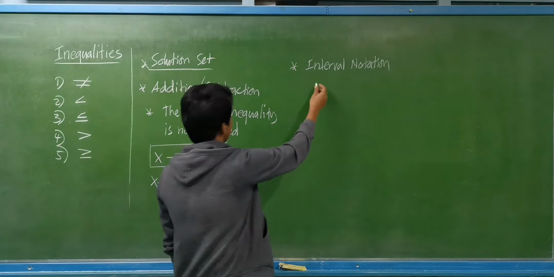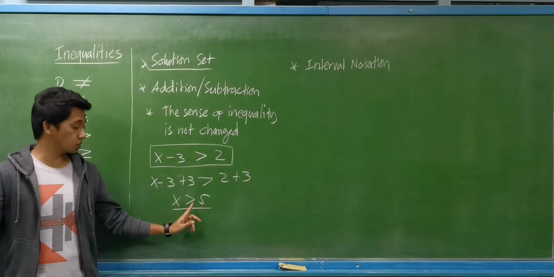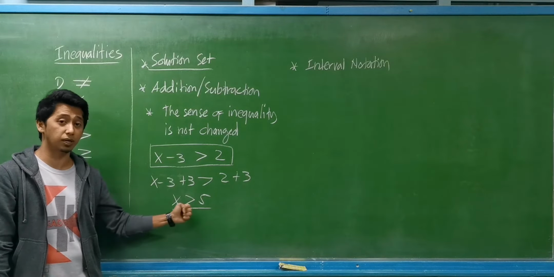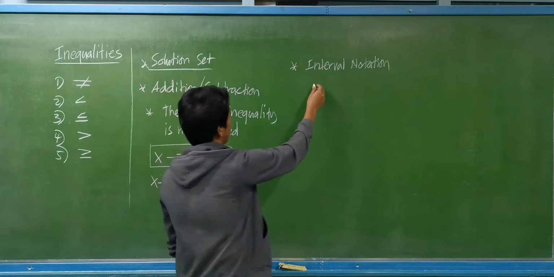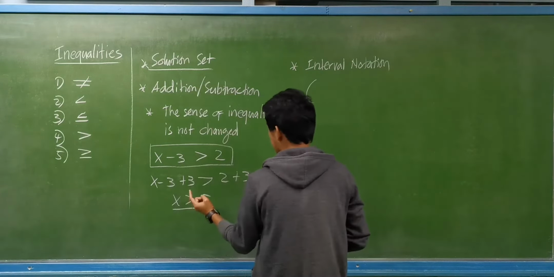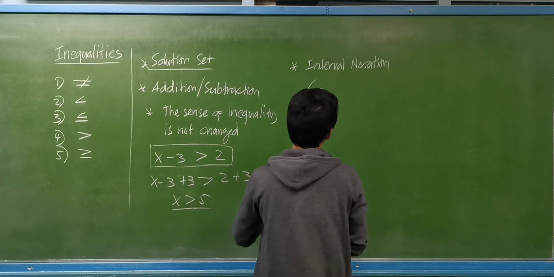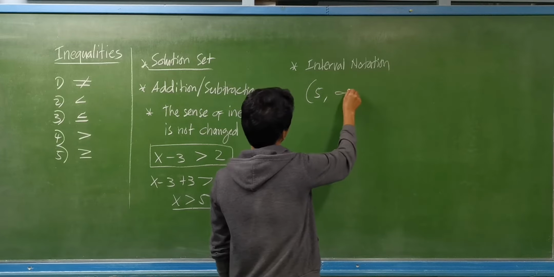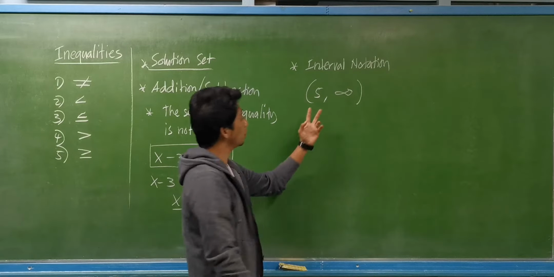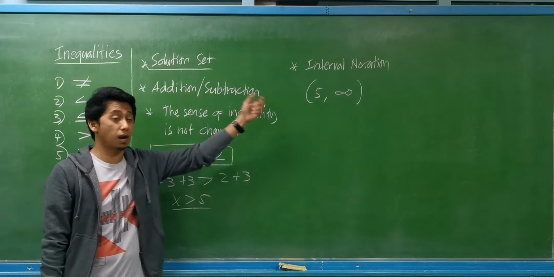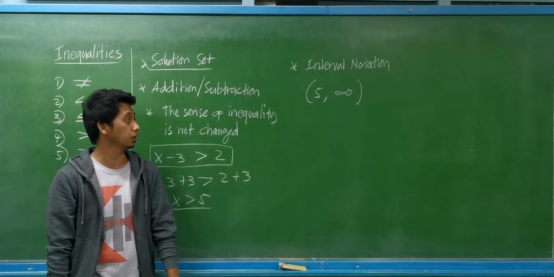Since we have the greater than or less than symbol, we use open parentheses, starting from 5 up to any value greater than 5, up to infinity. That is how we express the solution set using interval notation.